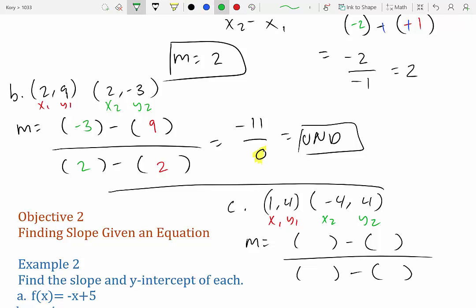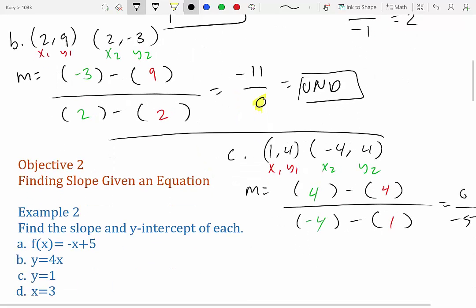So we have y2, which is 4, minus y1, which is 4, over x2, which is negative 4, minus x1, which is 1. So we have 4 minus 4 is 0, and negative 4 minus 1 is negative 5. You can have 0 on the top. If you have 0 on the top, it's always going to be 0.